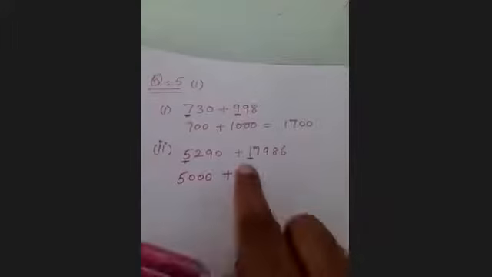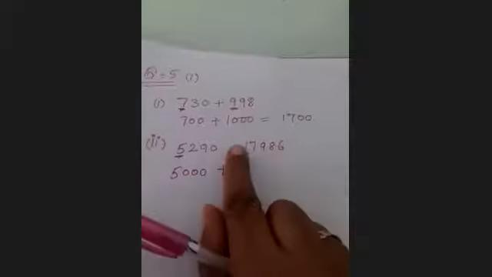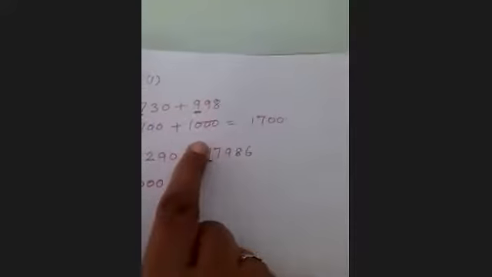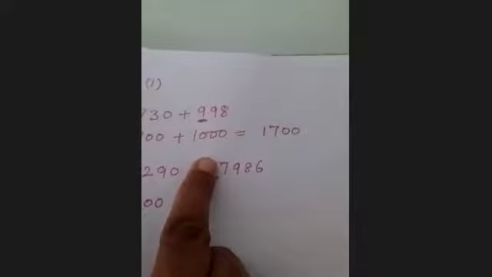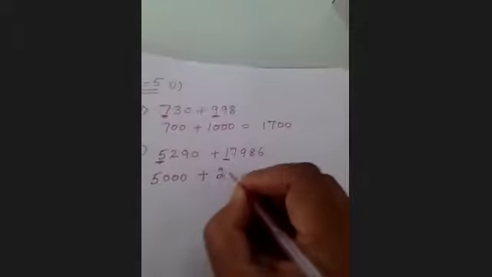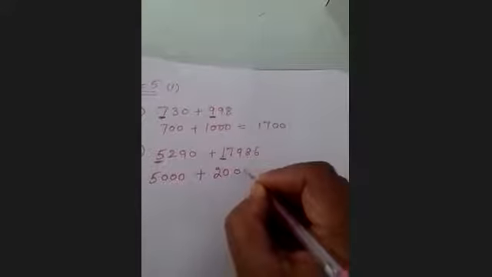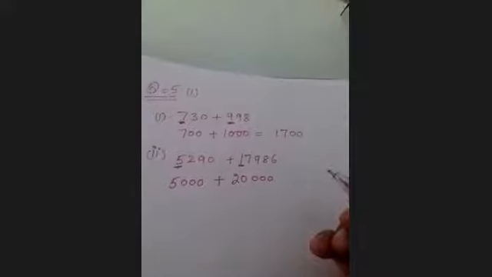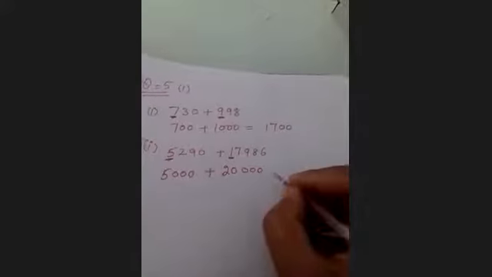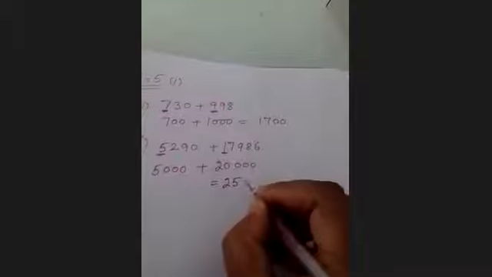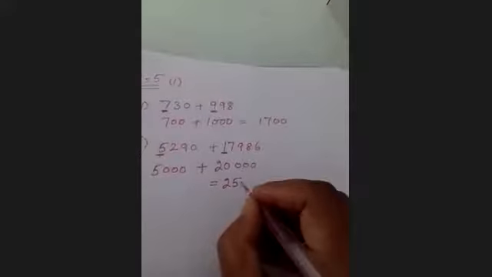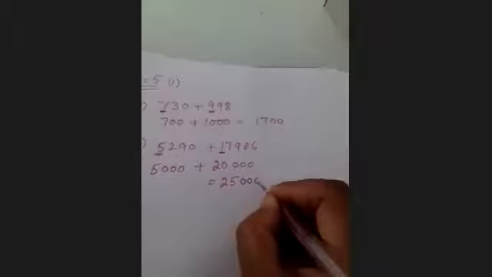In this number your greatest place is 1. Next number is 7, so the nearest value will be 20,000. Now add. 25,000.